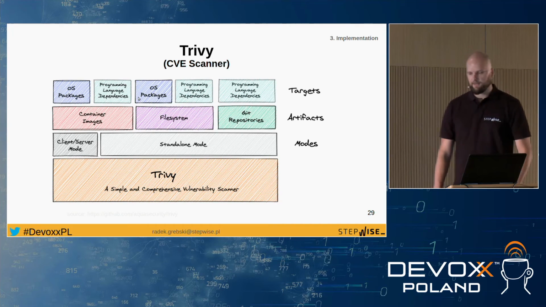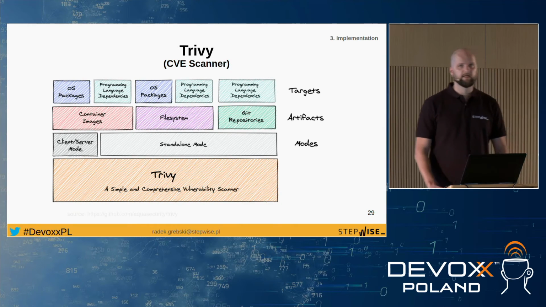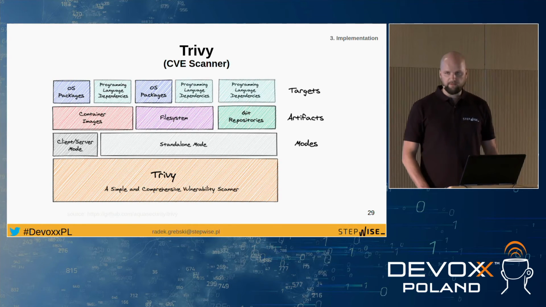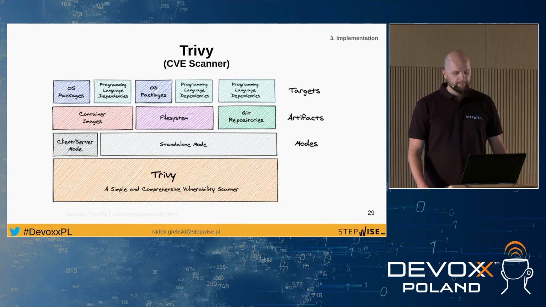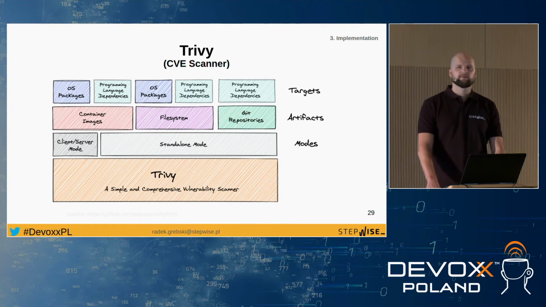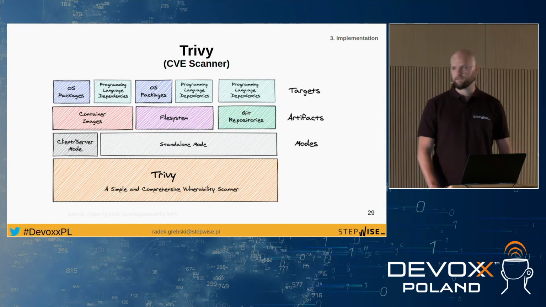Okay, I also mentioned scanning dependencies and scanning images. We use Trivy, which is also a tool created by Aqua Security. There are some other options on the market as well, but we use Trivy because it can scan OS, operating system dependencies, and it can also scan programming language dependencies.